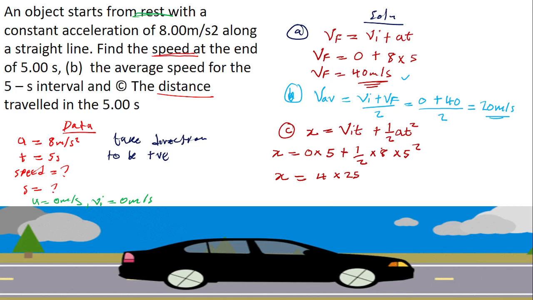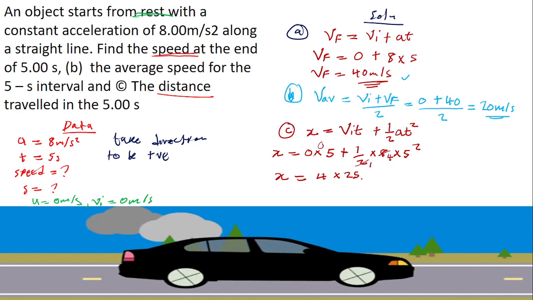So you can say 4 times 5 squared, which is 4 times 25, and x is simply equal to 100 meters. So this was the distance which was covered.